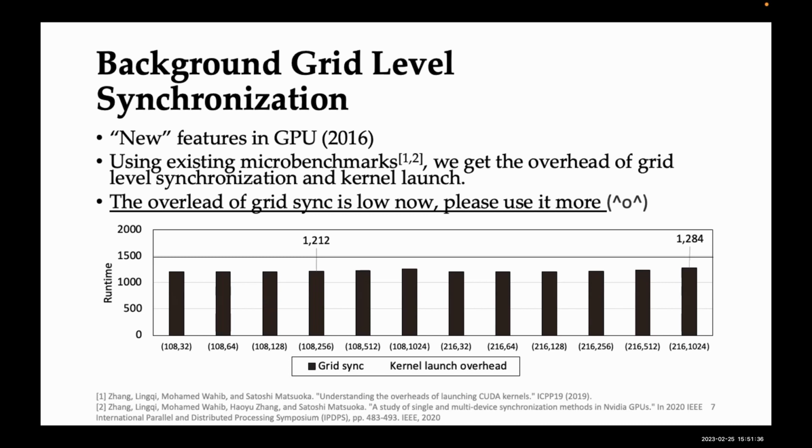So if you look at, for example, launching for different threads to thread blocks, these kernels being launched there. Of course, it depends on what you do in the kernel and the parameters and so on. So these are synthetic benchmarks. But here the bars themselves are the grid synchronization, or essentially the amount of time you spend every time you invoke a device-wide barrier, versus this line you see on top there, which is the overhead of the launch, how much time it takes to launch a kernel, which also is a function a little bit of the kernel itself, its parameters, etc. But I think you get the image here that device-wide barriers are starting to, I wouldn't say mature, but they're starting to get better and better.